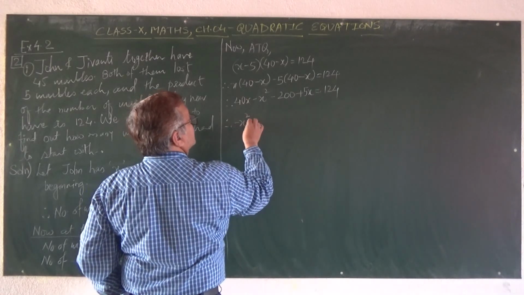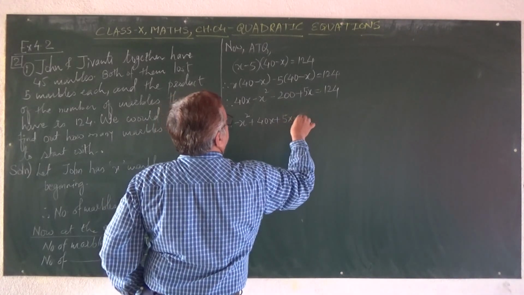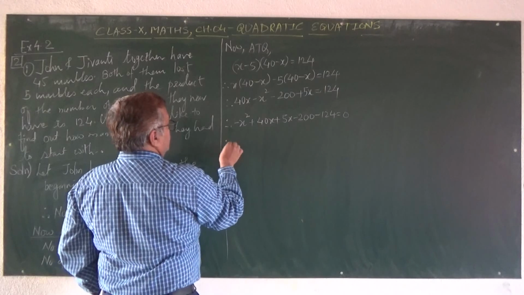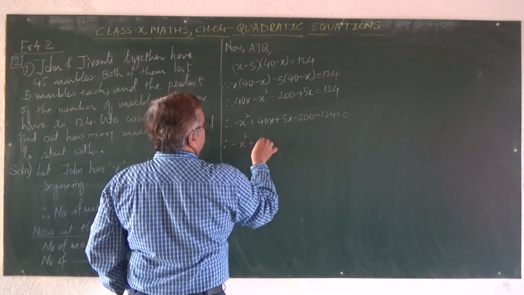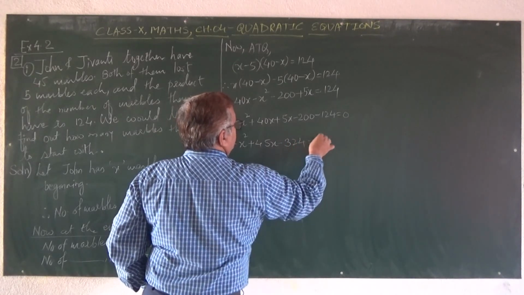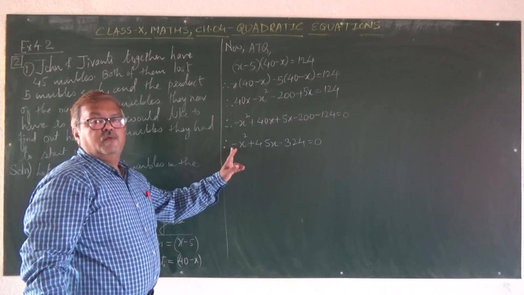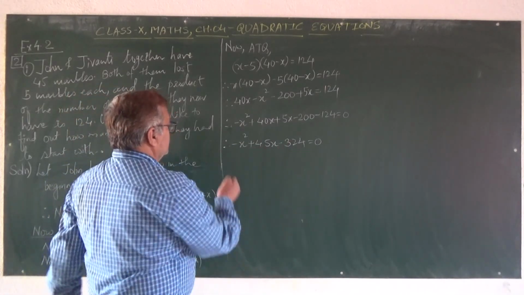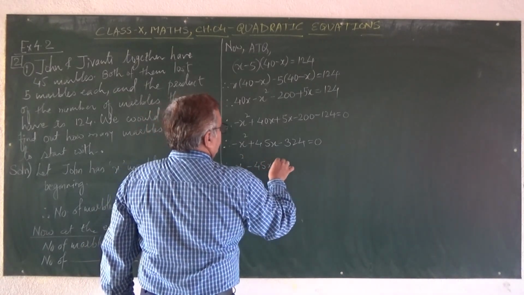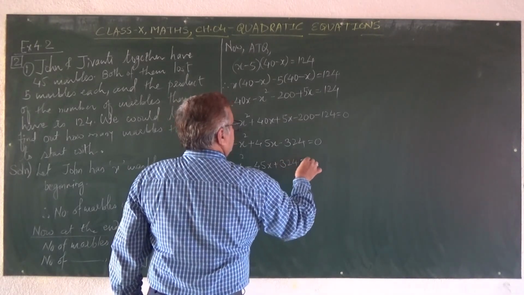So therefore minus x square plus 40x plus 5x minus 324 is equal to 0. We will turn this minus to plus, then all signs will change. Okay, so x square minus 45x plus 324 is equal to 0.